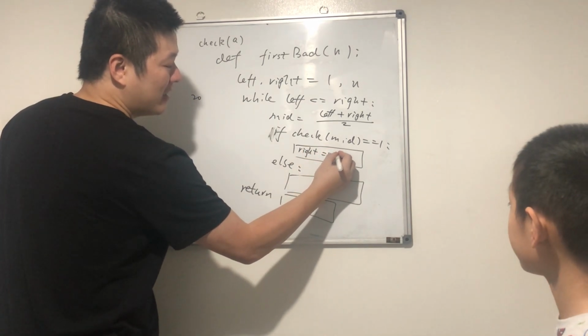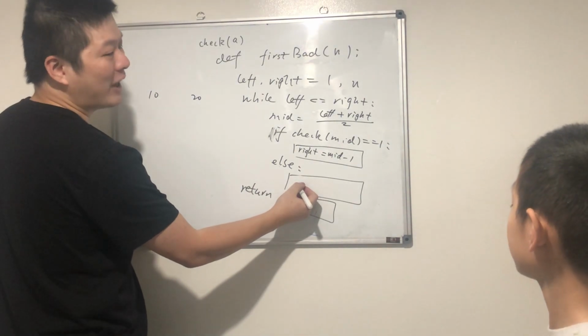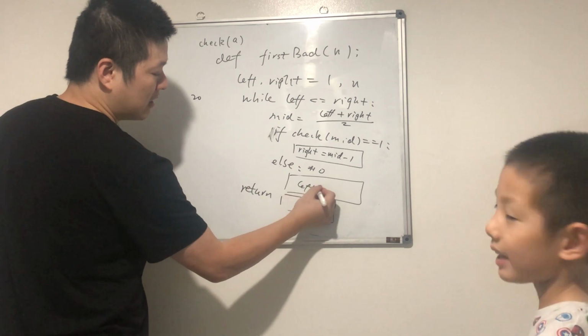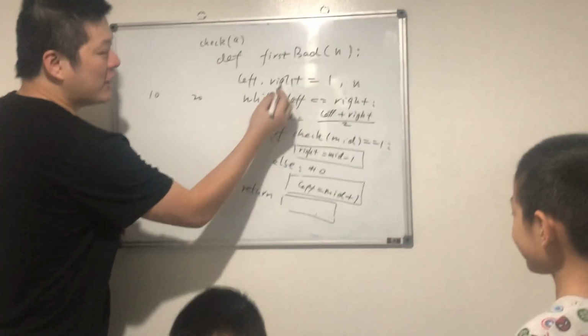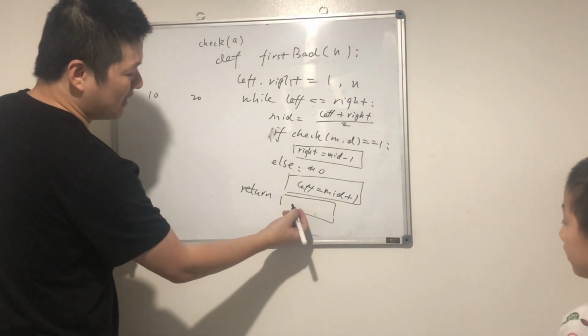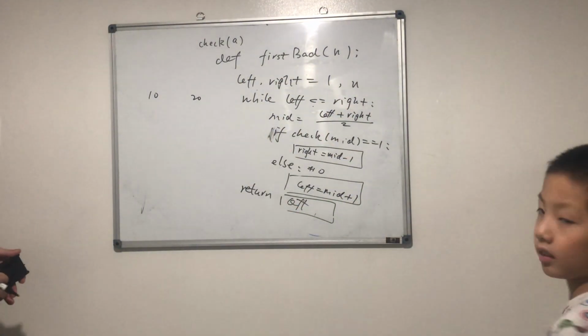If this is 0, left equals mid plus 1. And then return: when left is no longer smaller than right, the answer is left. Okay, so that's it. Do the coding.